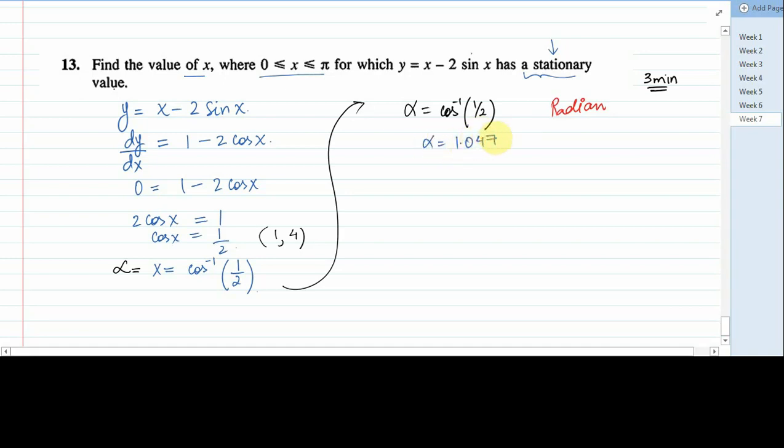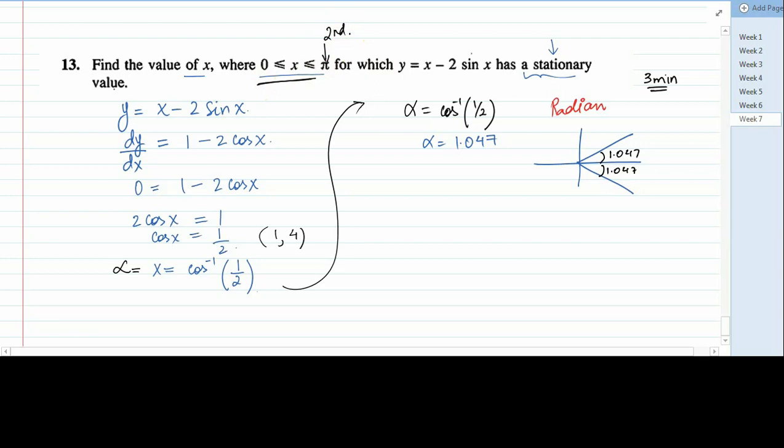1.047. Since we are dealing with either the first or the fourth quadrant, I'm going to highlight the alpha here. So that is my first alpha, 1.047, and for the fourth quadrant it's also based on 1.047. We are going to ignore the value for the fourth quadrant because the range is from 0 to pi, and pi means that we need to restrict our theta to the second quadrant.